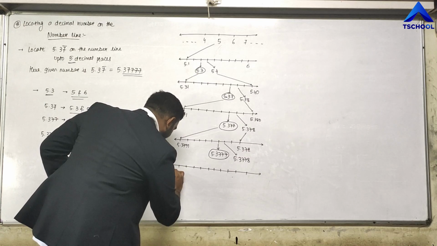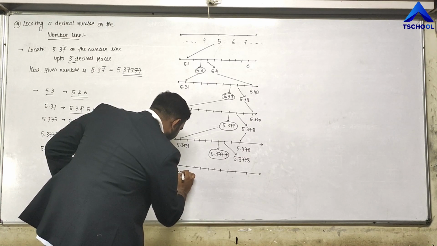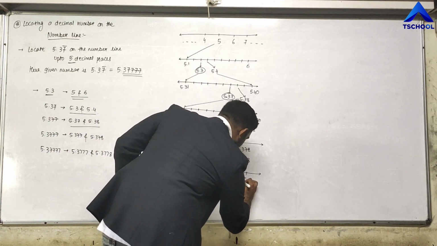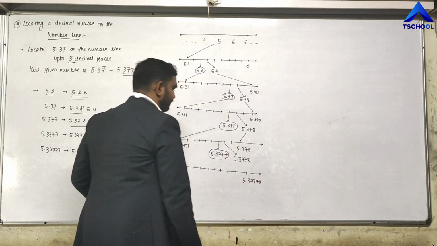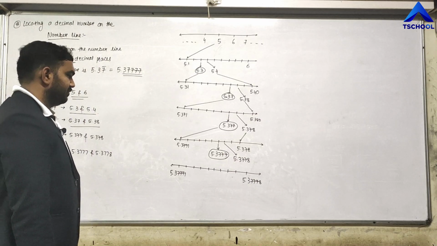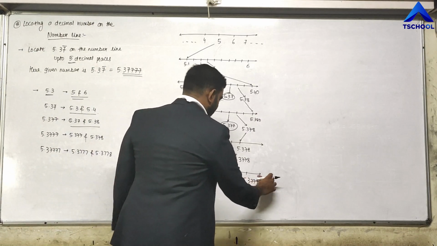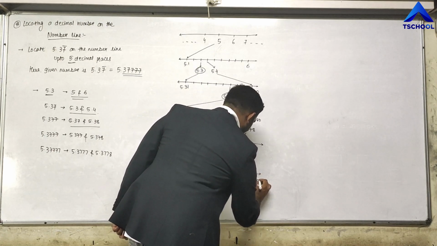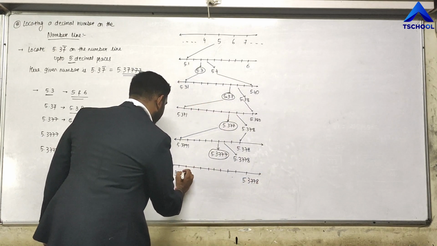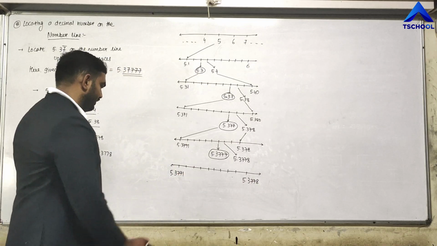This will be 5.37771 and this will be 5.37778. Okay, 5.3778 and 5.3771 only.